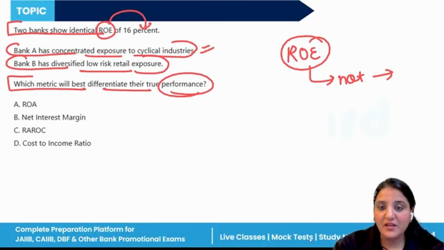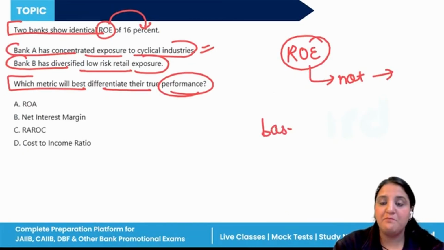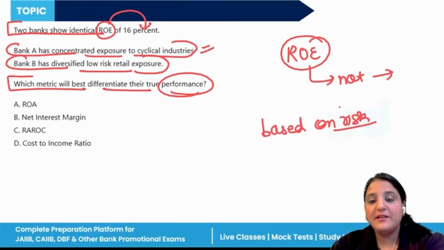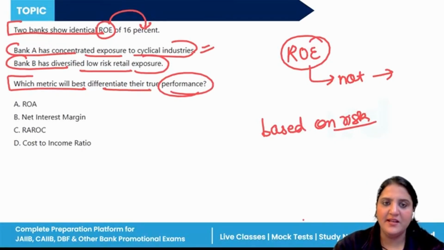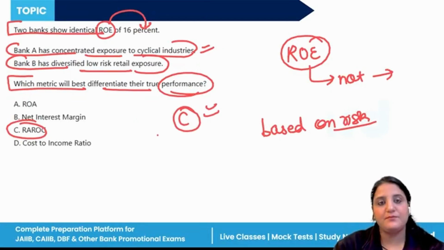And RAROC considers the economic capital based on the risk, right? So it gives you true risk adjusted performance. The best thing that differentiates their true performance is RAROC. Option C is correct here.